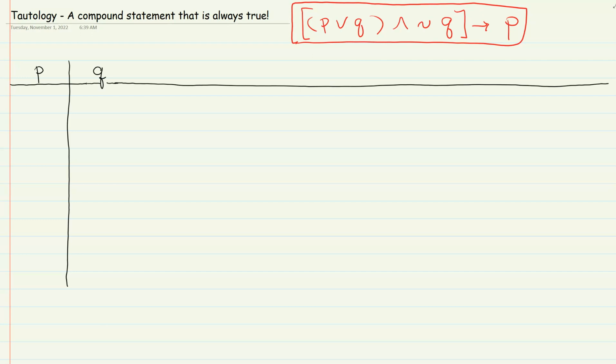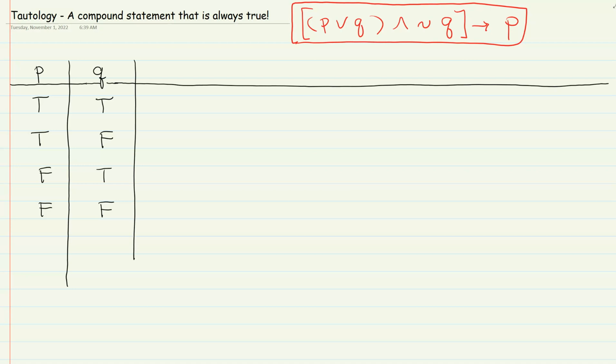So here are our four choices: true, true, true, false, false, true, and false, false. Those are your four choices.